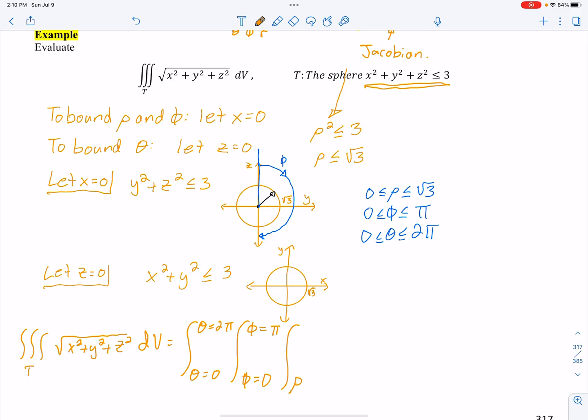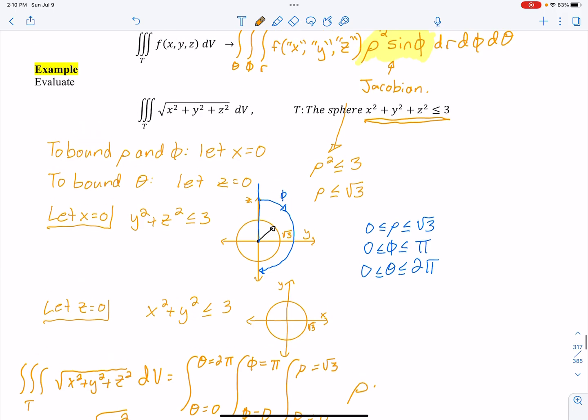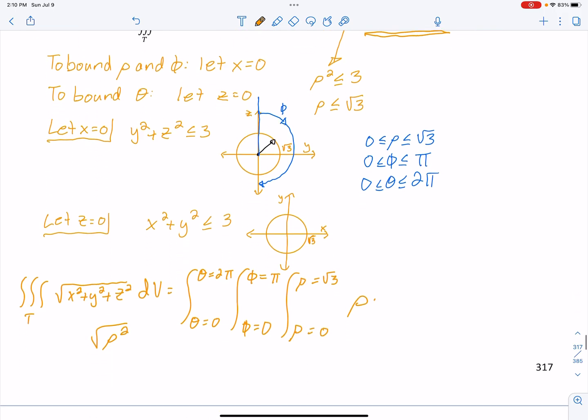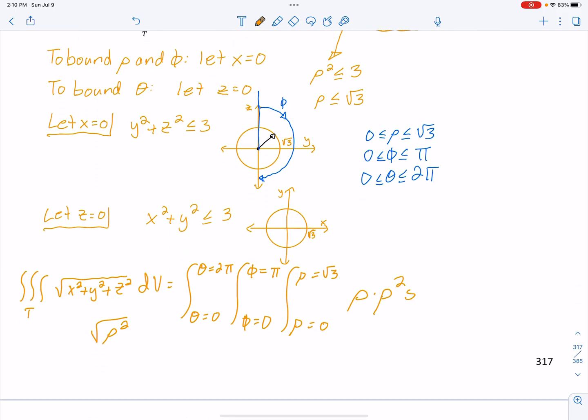And then that rho is between 0 and square root of 3. This isn't a 1 integrand because I have something in the integrand. But I know the inside of x squared plus y squared plus z squared is just rho squared. And we know rho is positive, so this is just rho. But then I have to multiply it by that Jacobian thing, right? That thing that's highlighted there at the top of the screen, which is rho squared sine phi. And now I put my bounds in. d rho, d phi, d theta.